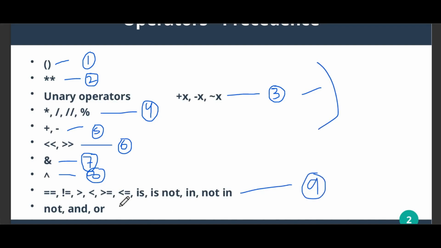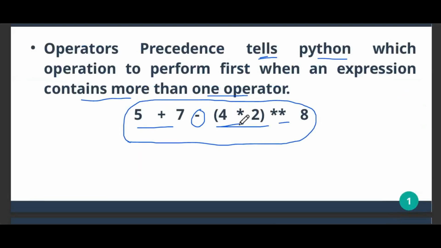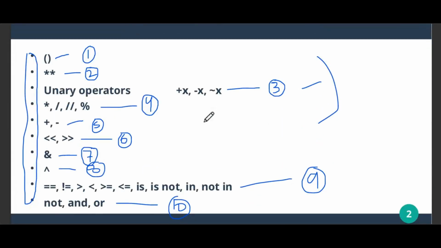Next are not, and, or, that is, the logical operators. So logical operators are at the last. This just tells you the sequence if you have multiple operations in an expression like plus, asterisk, exponential, then which one should be calculated first.